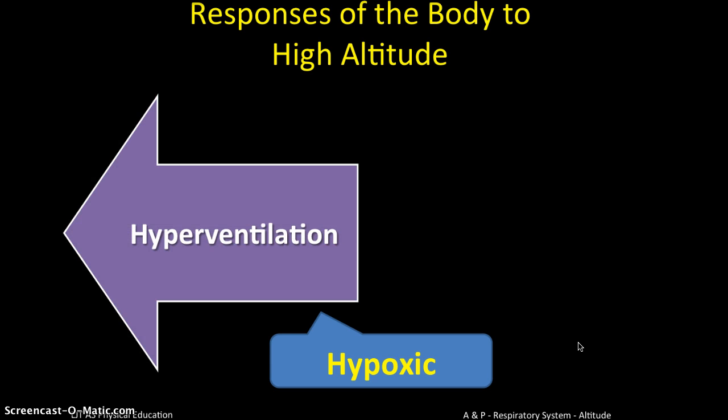Now, our body obviously isn't happy to have less oxygen available, and it does a couple of things to try to compensate for that. One is hyperventilation, which hypo meant less than or under. Hyper means more than. So if you're increasing your ventilation levels or rate, you're basically breathing much more rapidly.